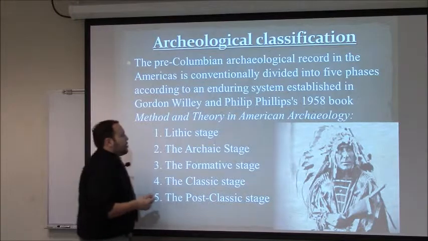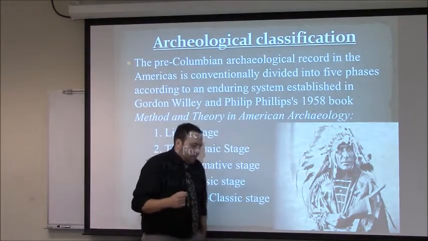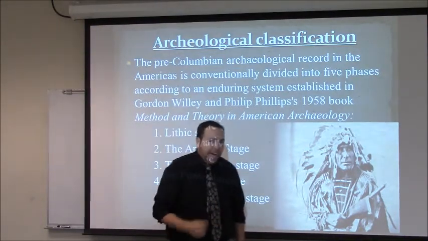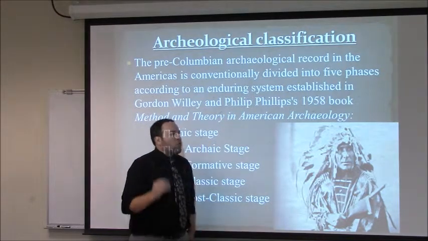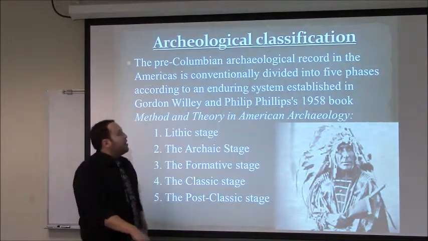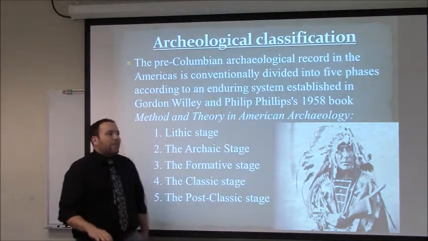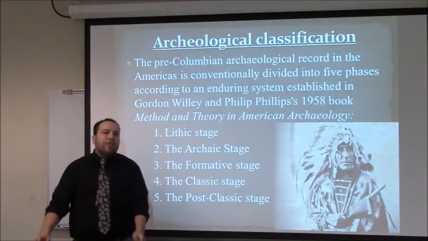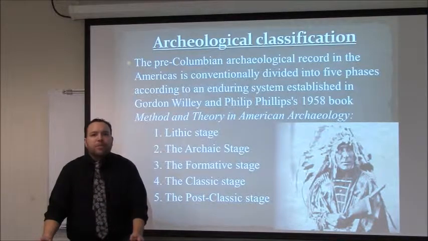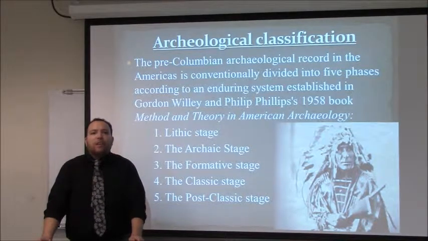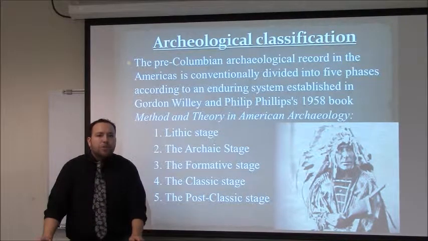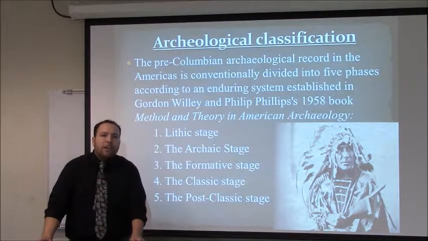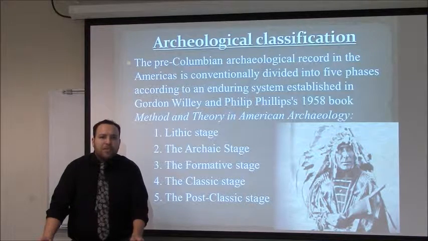Native American history is different from, for example, Middle Eastern and African history in the way that it is chronologically classified. And this is because Native Americans operate on a different chronological timeline. Typically, if you take World History 1, for example, I'll talk about the Neolithic Revolution, the domestication of plants and animals, beginning around 12,000 BC.